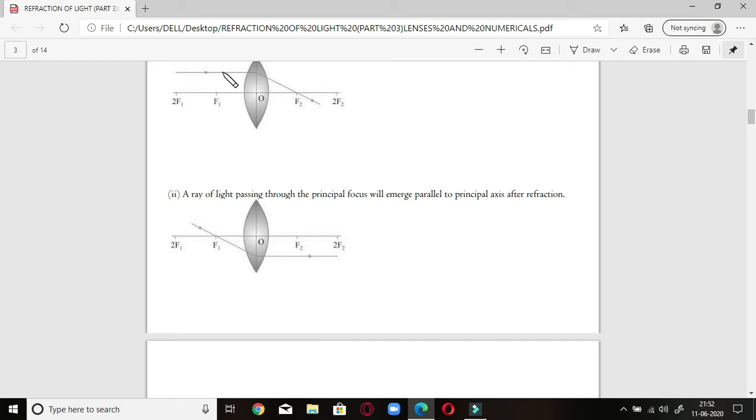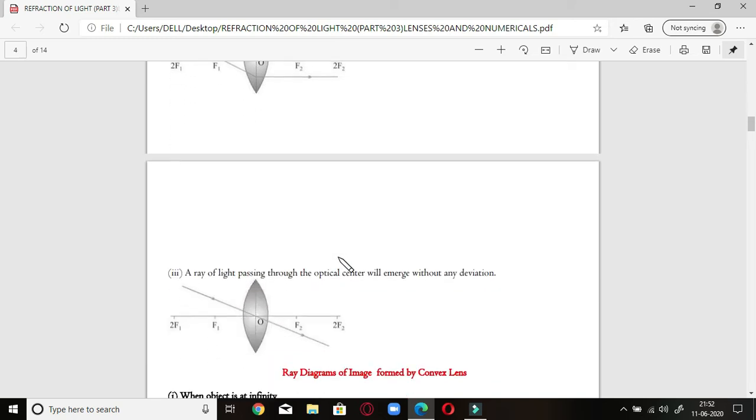So parallel rays, very simple, will pass through the focus f2, and rays which are passing through f1, not through f2, because this side is for the image formation. This is the portion from where rays of light are coming from the object. So if the ray of light is coming from the object, that will always pass through f1, strike the surface and go parallel to the axis on the right hand side.